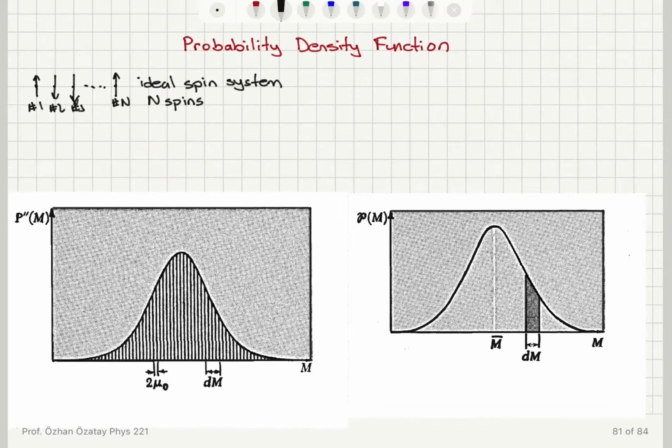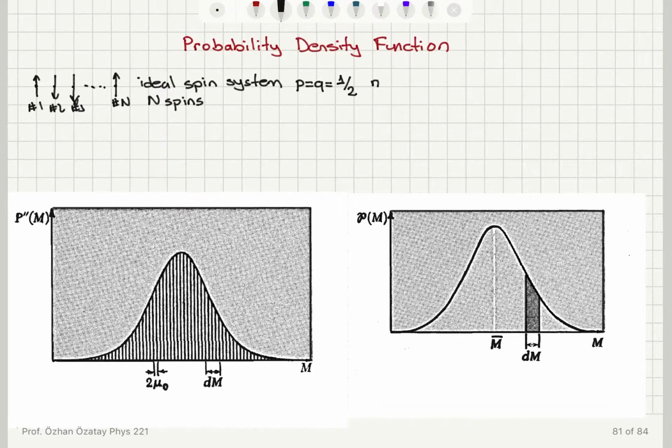Since it's an ideal spin system, they are statistically independent, and when we have no external magnetic field, the probability of a spin being up or down is 1/2. This is what I recall from our previous discussion.